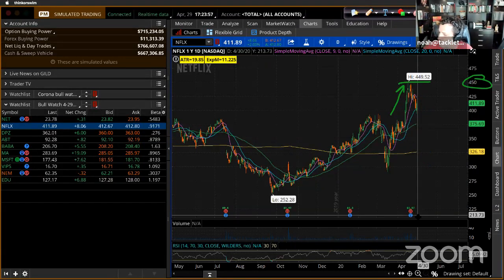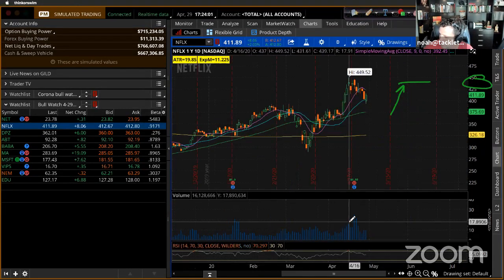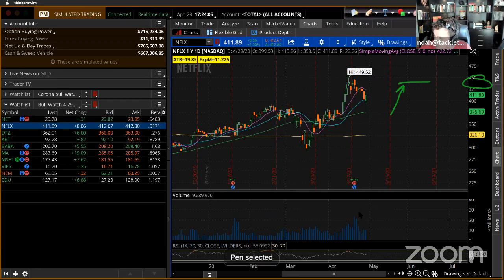And one of the things I've noticed down here, and this is not the best color for my volume, that's kind of hard to see. But if you look closely down here, you can see the volume really increase on the breakout to the new high.